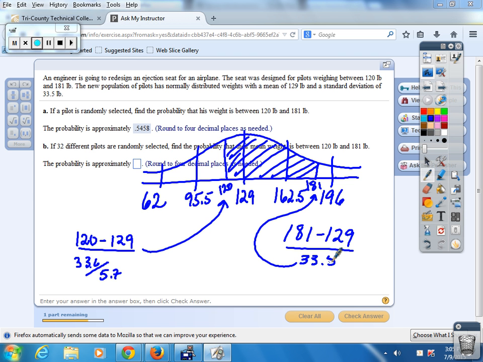I'm just changing the problem here. Divided by 5.7. And I'm just going to let y'all do this and tell me what this number is. 5.92. And then this one, that's negative, right?